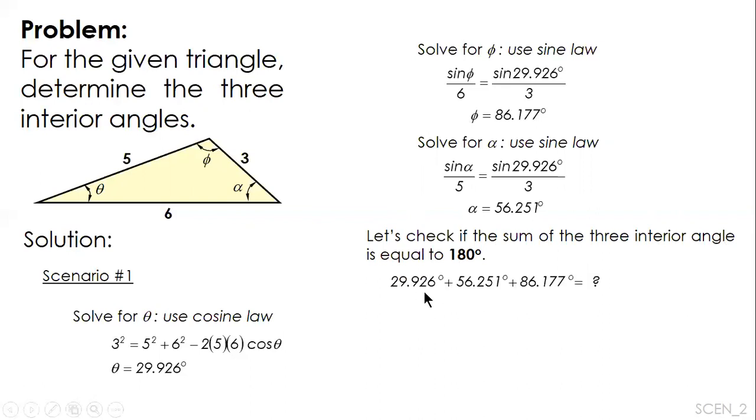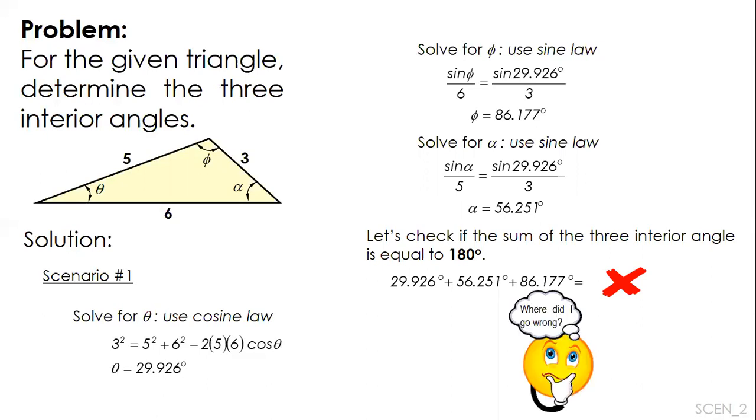Okay. Now, if you have your calculator, you can sum up or add the three angles. Check if the total is 180. And you'll find out that the sum is 172.354. And this is wrong. So, you will now ask yourself, where did I go wrong?